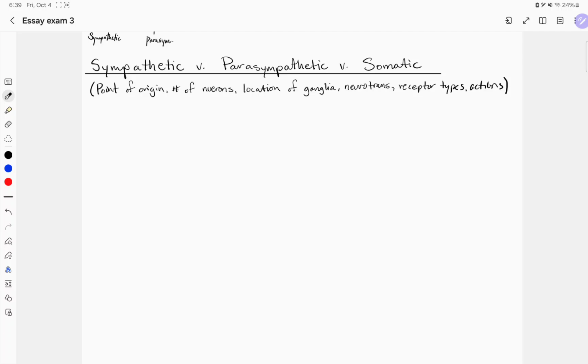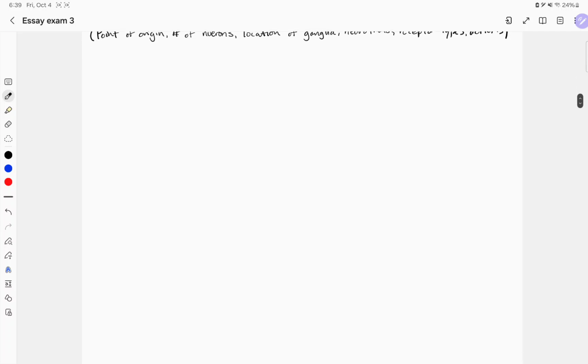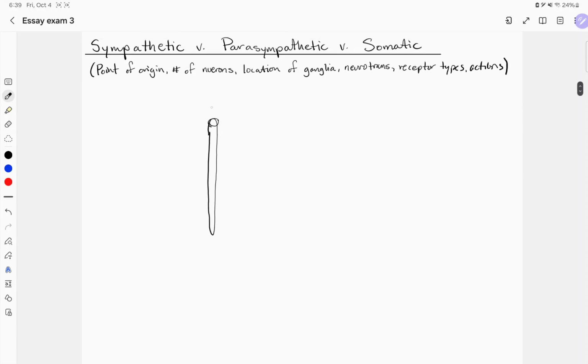But what I want to show is the pathway of these neurons in the body, or these nerves. So let's get started by just drawing a spinal cord right here. I'm going to blow this up just a little bit so you can see the spinal cord here like this.